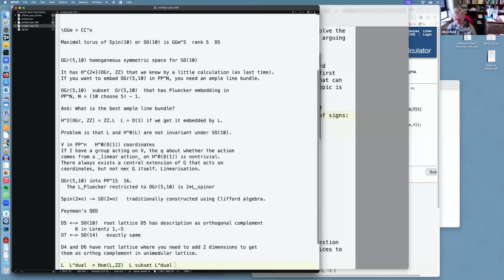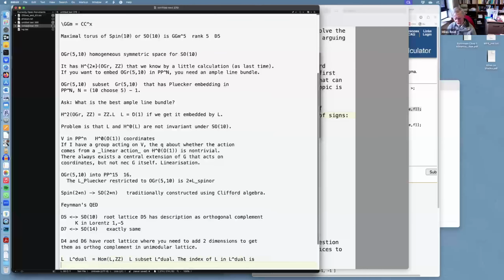And the index of L in L dual is the discriminant of the quadratic form.